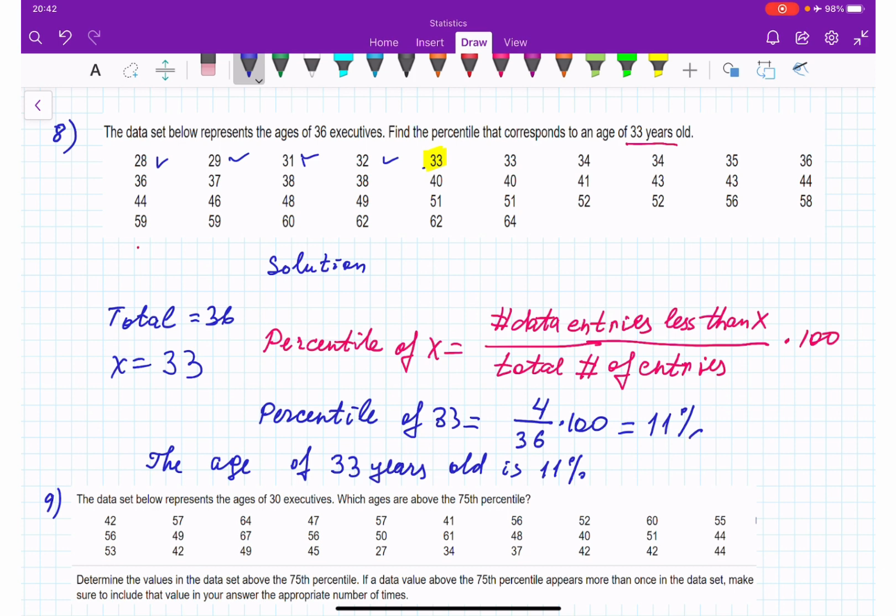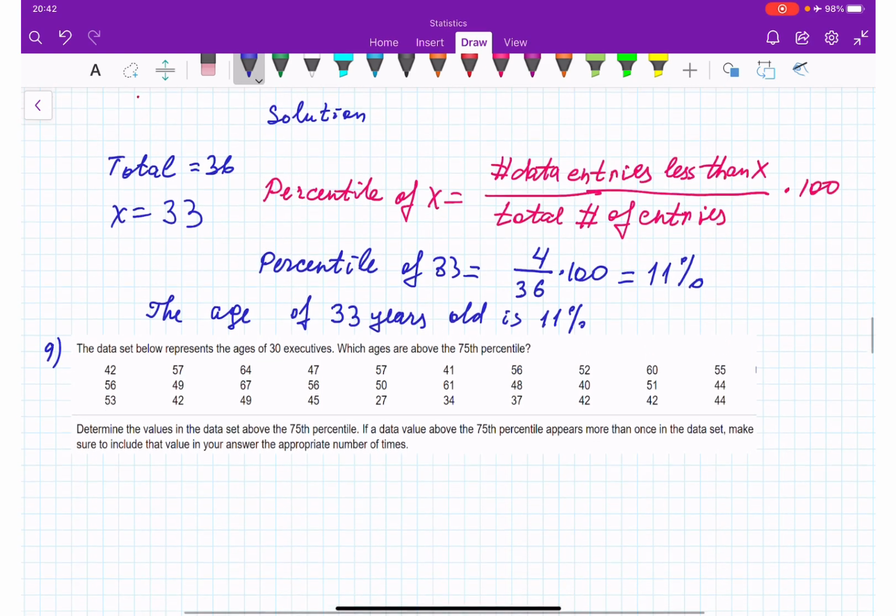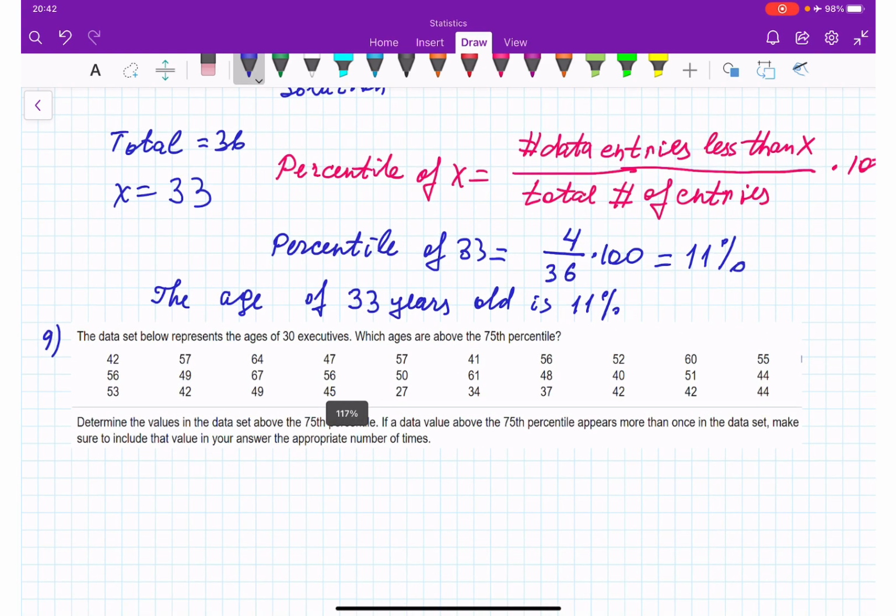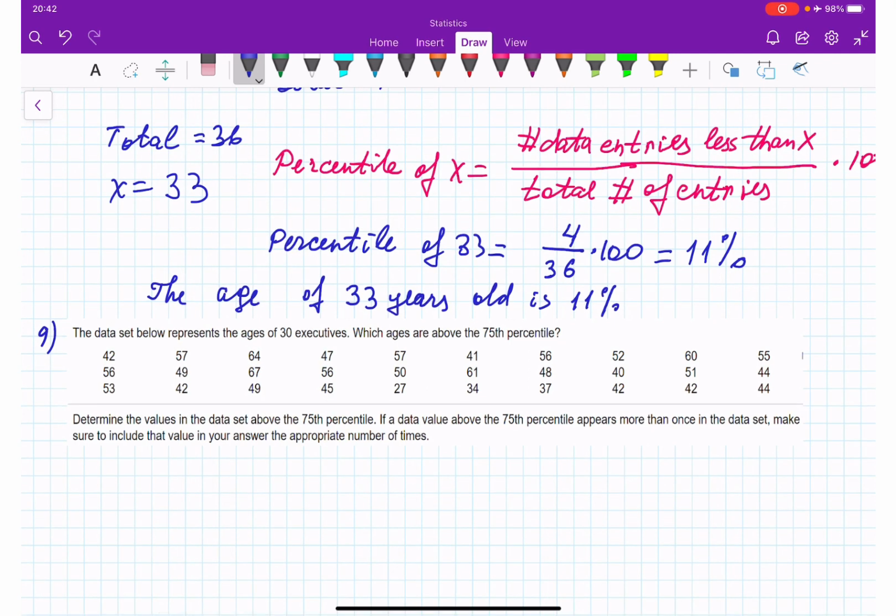Okay. All right. Question number 9. The data set below represents the ages of 30 executives. So in total we have 30.